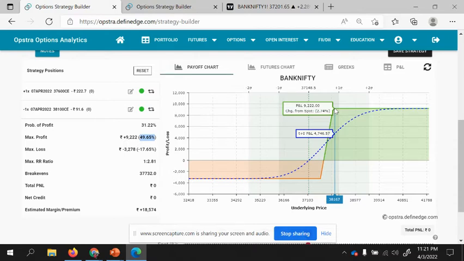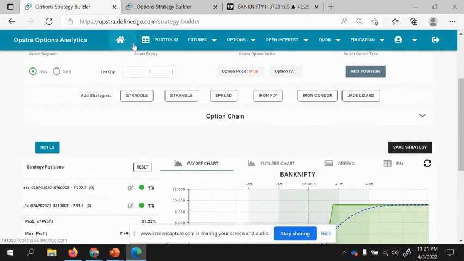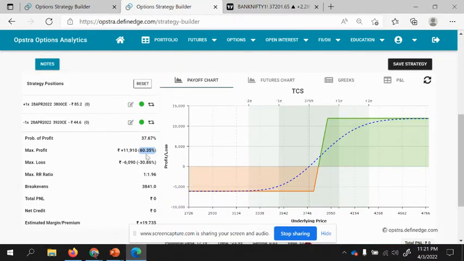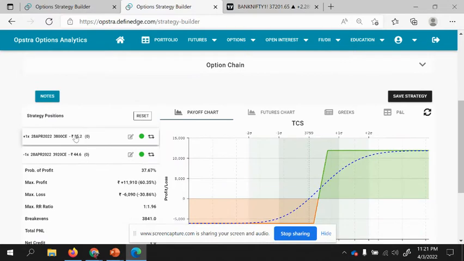So friends, let me make your job easy. Rather than the index, this being for the Bank Nifty index, let me take an example of an FNO stock. This would give you more clarity. I've deployed a debit spread in TCS. I bought an OTM call at 85.2 rupees premium, and then I sold the 3920 call for 44 premium.